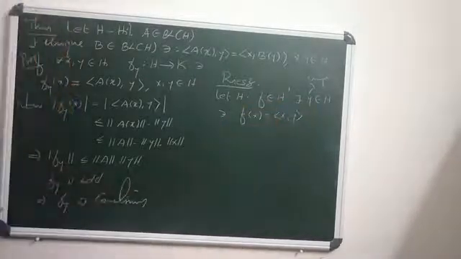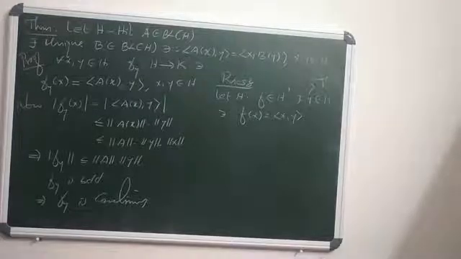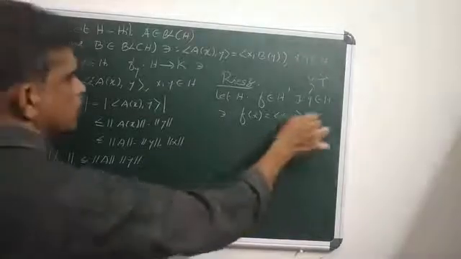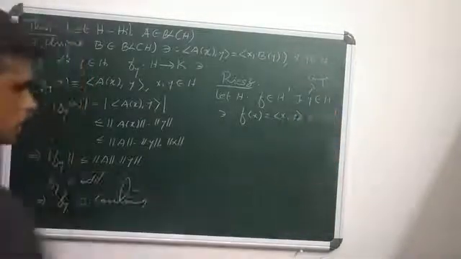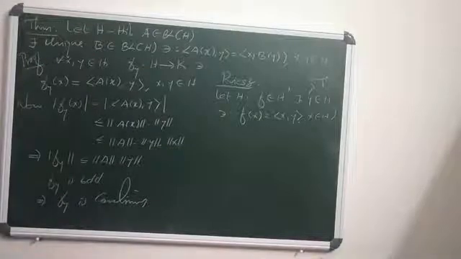So y is the representative of F. That is the Riesz representation theorem. If H is a Hilbert space and F is in H dash, then there exists a unique y in H with F of x equals the inner product of x with y for all x in H. Then this y is said to be the representative of F in H.